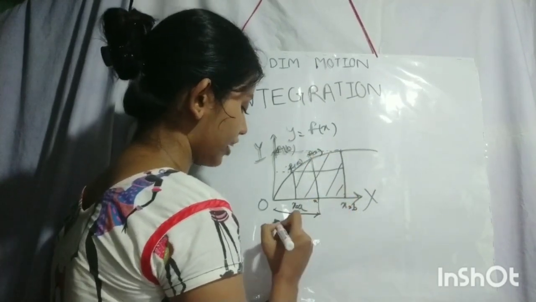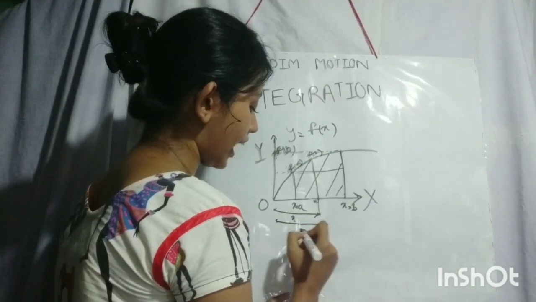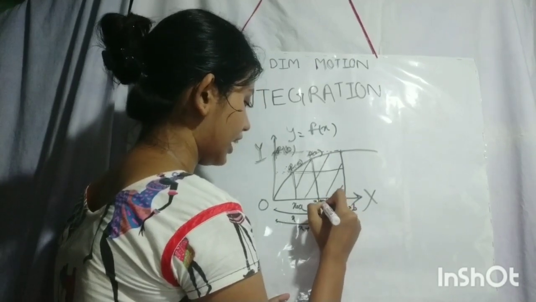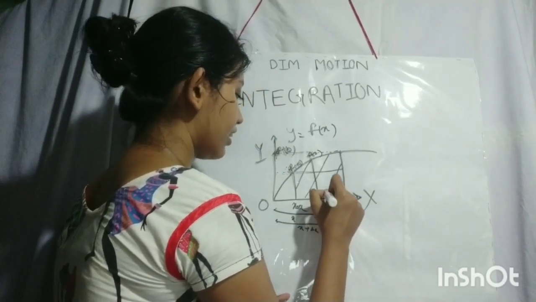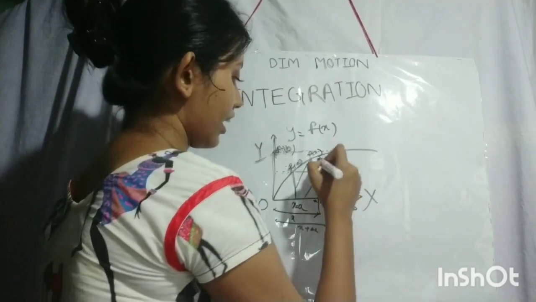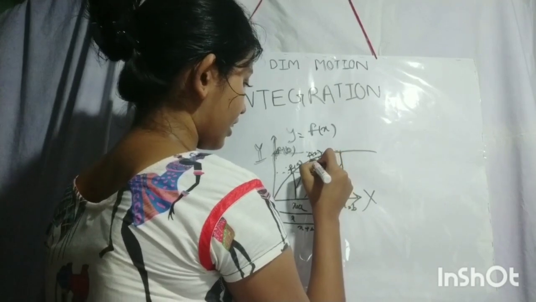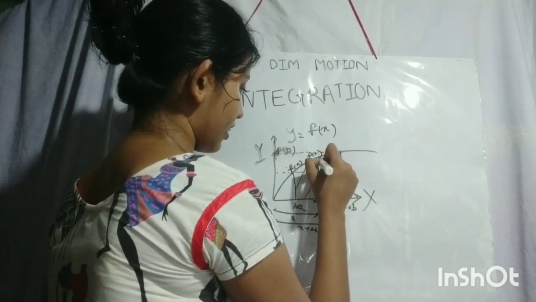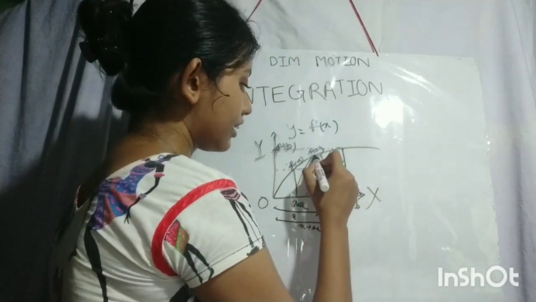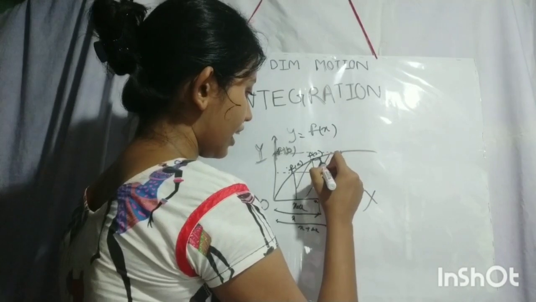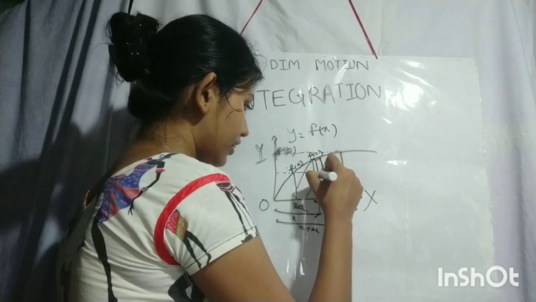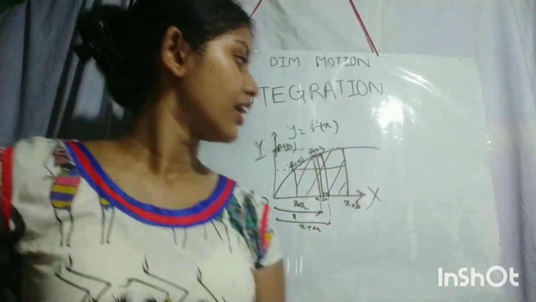But if we increase x to x plus delta x, this is delta x. Now it closely looks like a rectangle. If we take delta x very close, then it looks like a rectangle.